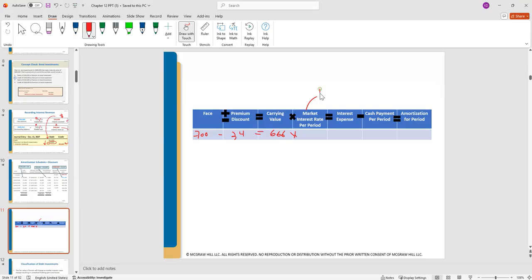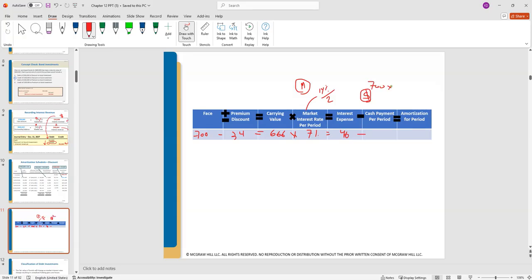In this item, it's 14% divided by 2, which gives us 7%. That'll give us our interest of 46. That was based on the market rate. Then we'll back out the cash payment per period based on the stated rate.